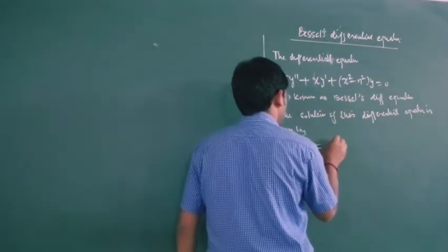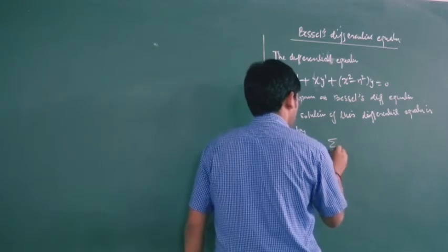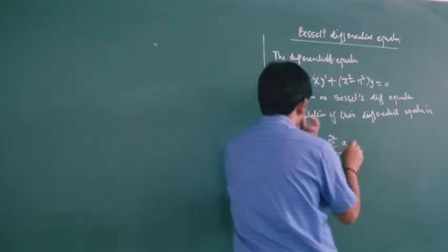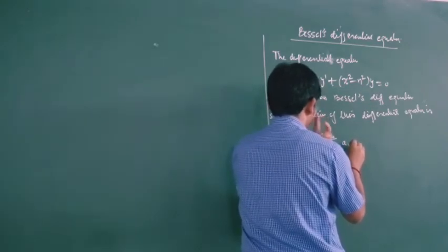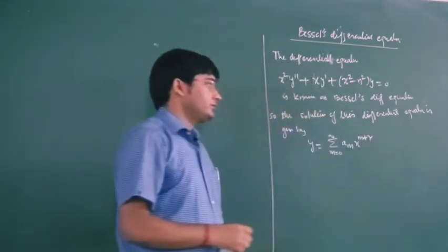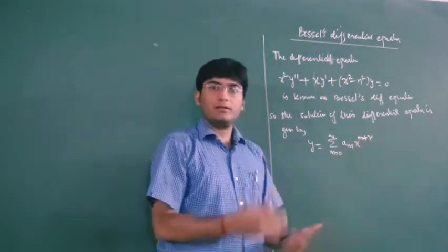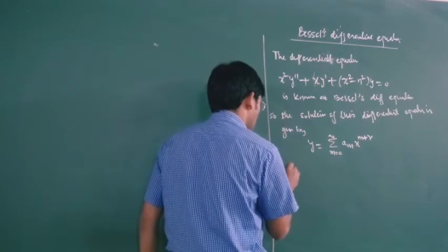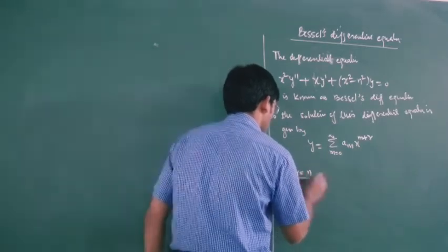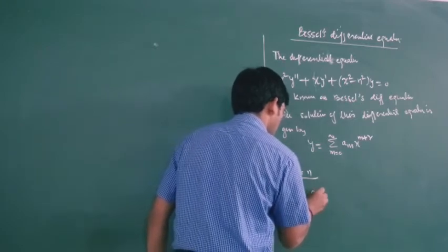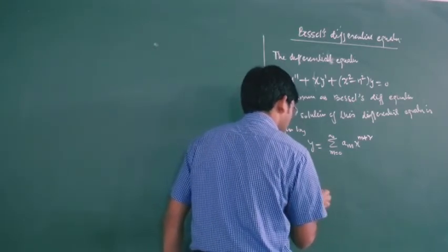your solution was like summation m equal to 0 to infinity a m x power m plus r, and your r was plus n or minus n, and at r equal to n we have obtained our solution as y1 equal to a naught x power n.